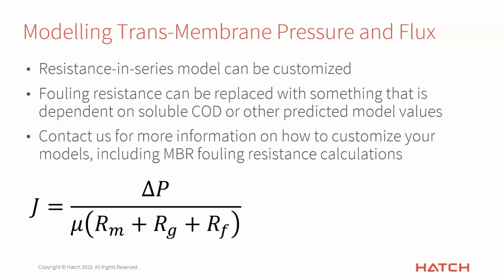We've had people ask about this in the past, and so that's why I'm bringing it up today. For example, that fouling resistance equation here, you could replace this with something that would be a function of not just time, but maybe time and soluble COD concentration, or maybe some other thing. So it allows you to do even more model development above and beyond what we've already done here.